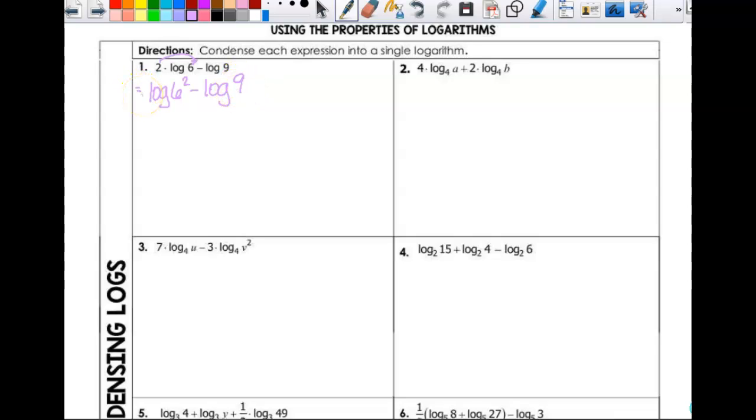Right? So now I have 2 logs being subtracted. They have the same base. I can condense them into 1 log with division, and I'll go ahead and make 6 squared into 36. Put that over 9. What's 36 divided by 9? 4. So it reduces to log of 4.